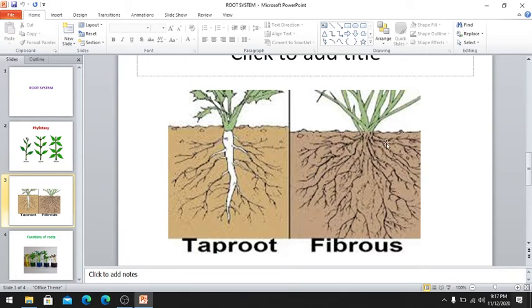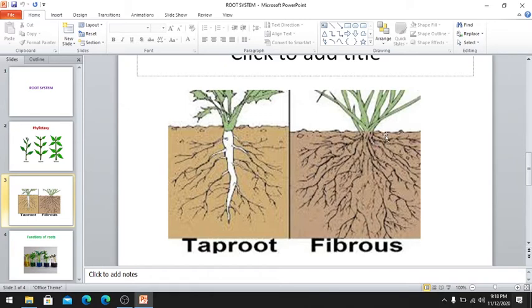And fibrous root means a clump of roots arise from the same area. There is no main root. So such type of root system is known as fibrous roots. So you can see these fibrous roots mainly in grass, maize and mint.